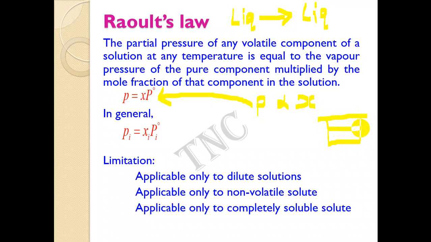The pressure created by only A is known as P naught A. P naught is the pressure created by the vapors of that particular liquid in its pure form.